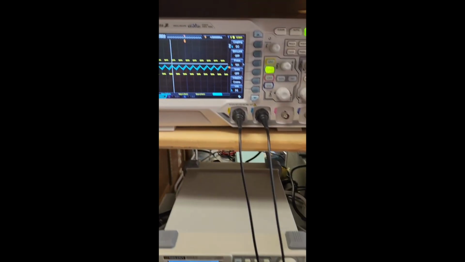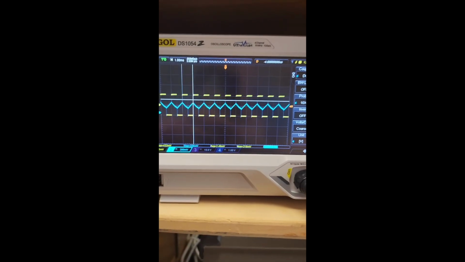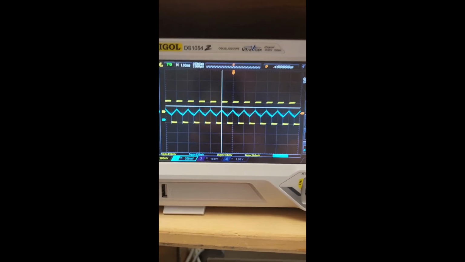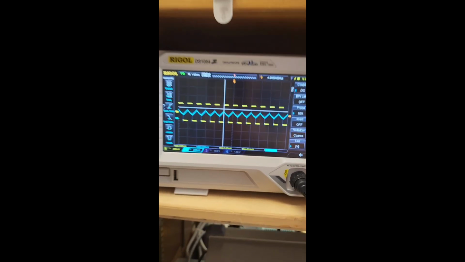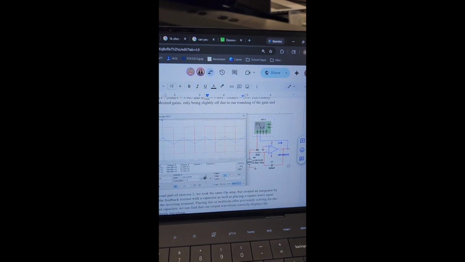In our waveforms here, we can see that it matches our Multisim in creating a triangle wave from the square wave.